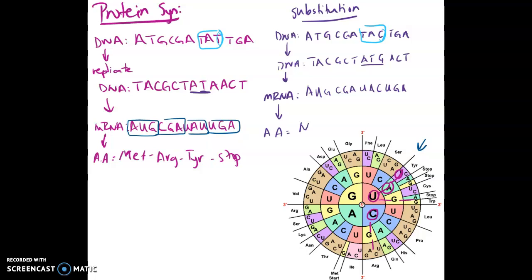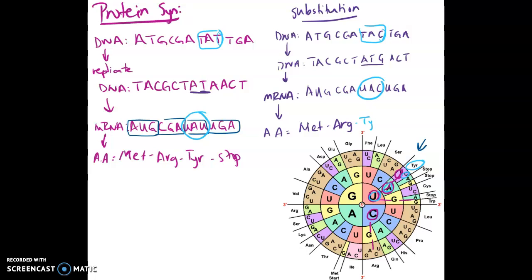And we already know that AUG is MET. The CGA did not change, so that is ARG. Now, we had originally UAU, but now we have UAC. So if we look, UAU is going to be tyrosine, but UAC is also tyrosine.